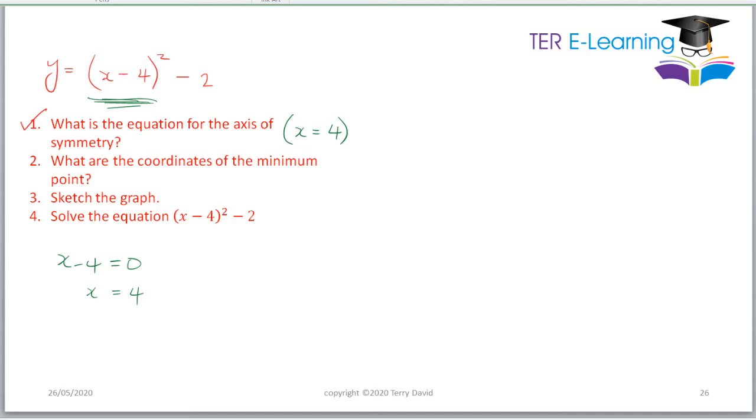Alright, then for part 2 now, question 2. What are the coordinates of the minimum point? I saw somebody put a value already here, 4, -2.